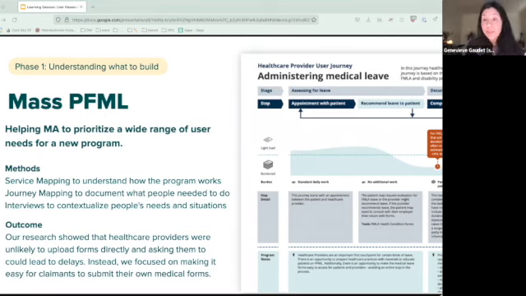And this is a really big deal because there was no infrastructure yet, right? There was no department that existed. The service didn't exist. There was no legacy system we were working with. And our partners in Massachusetts had a really good idea of who was going to be involved. So there are workers, of course, there are the employers they're taking leave from.